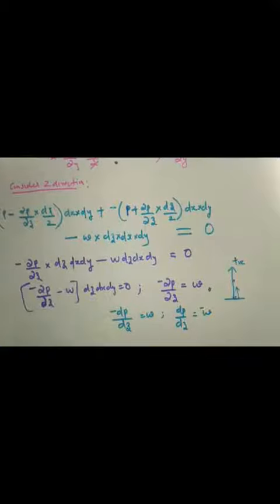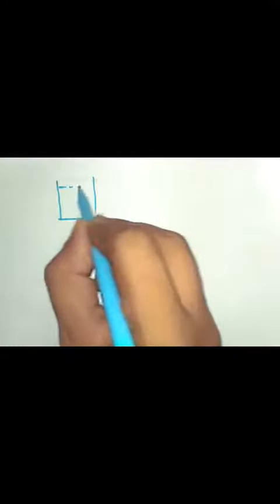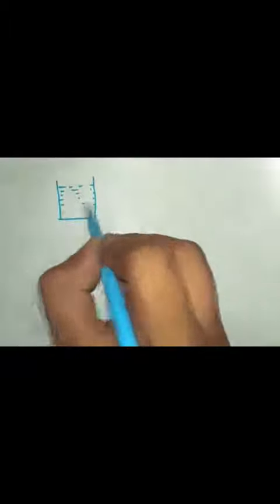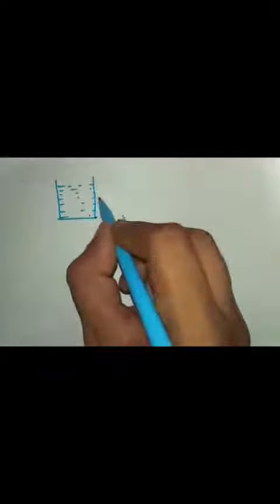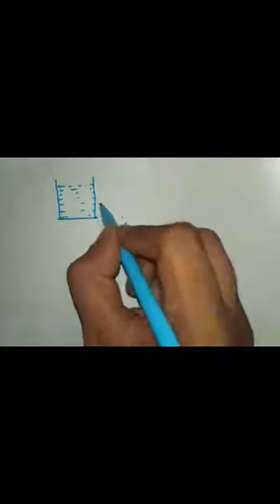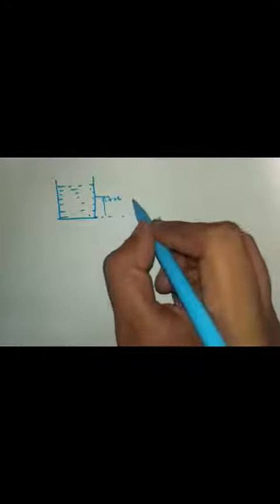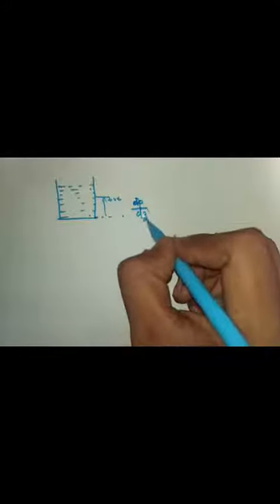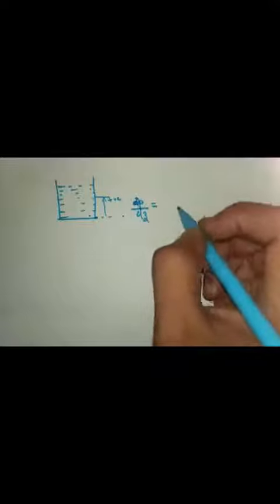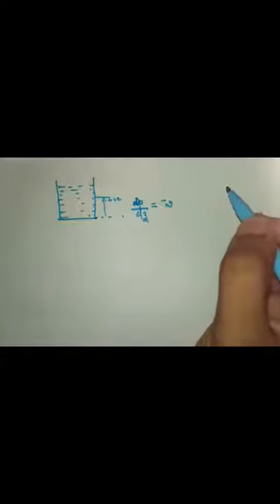Okay, so the pressure variation in the z direction, you can take a container containing liquid here. The pressure variation in the z direction, that is from bottom to top, because we have taken this as positive, from bottom to top it is dp by dz, dp by dz is equal to minus w.